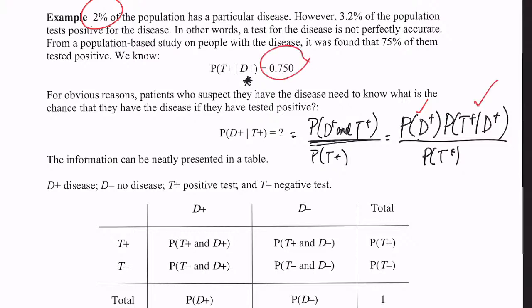So all I need is the probability of a positive test. Do I have that one? T plus. Anyone see where it is?